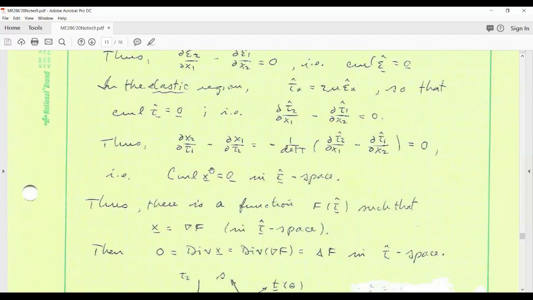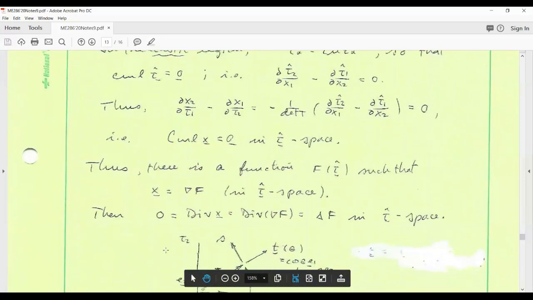Okay, that comes from this. We have the other condition that x also has 0 divergence in stress space. So we have div of gradient f equals 0. In other words, the Laplacian of f, this function f, whatever it is, is 0 in stress space.